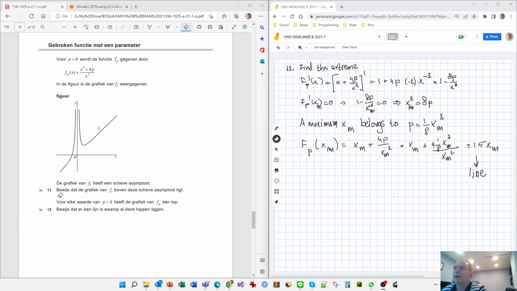Question 12. For every value of p, the graph f_p has one top, one extreme. It's actually a minimum, as you can see for this example, and prove that there is a line that all these tops, all these extremes, are on.